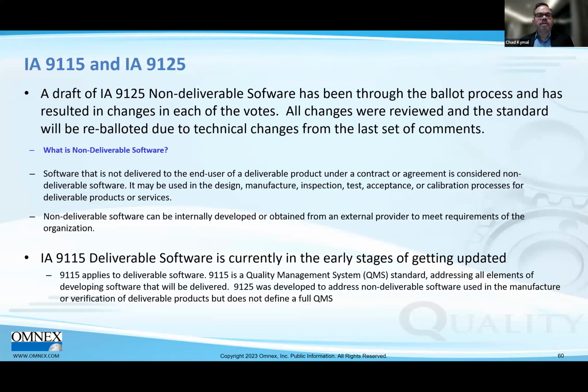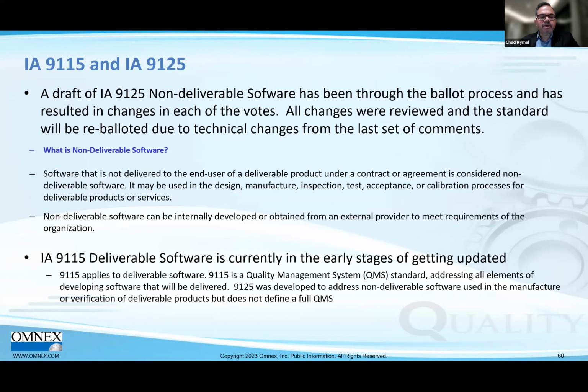So deliverable software is in the product. The non-deliverable could be software used in your design, manufacture, inspection, test, acceptance, calibration process. So these non-deliverable software could affect the outcome of the product. So they want it developed in a very thought out, well-made manner. Okay. So this 9125 is going to go through another vote soon.